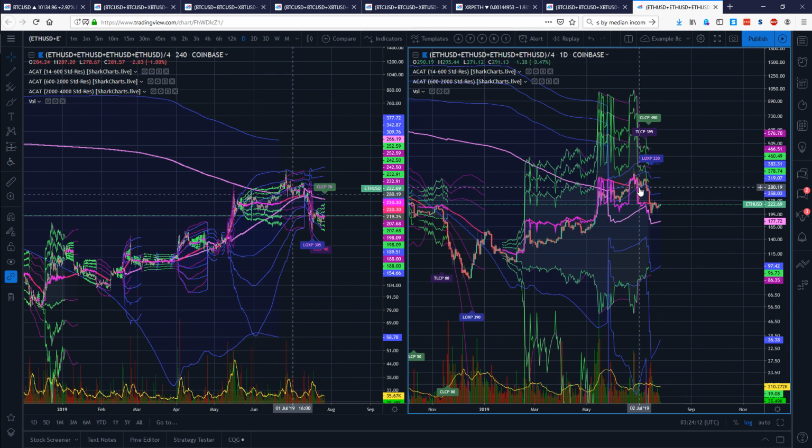So at some point, it's nice that it's telling you that there are far out targets if we start moving in a parabolic manner. That would be the case when you'd start looking at this to try to help you figure out where confluent targets are. So if you're trying to figure out where you'd expect parabolas potentially to reject. But anything else, it's just too wide of a range to base your trades off of.